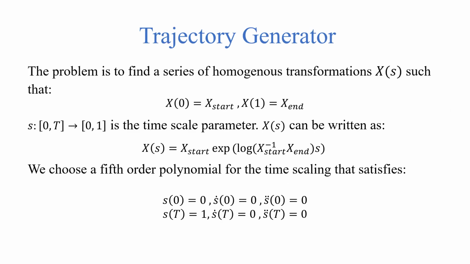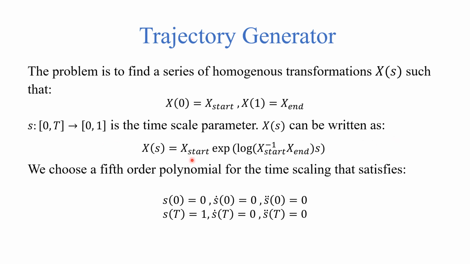First of all, we're going to describe the trajectory generator in detail. So the problem of trajectory generation is that we're trying to find a series of homogeneous transformations X(s), such that X(0) is equal to X start and X(1) is equal to X end. s is a function of real time that transforms the interval 0 to T, where T is the whole time of the motion, to 0, 1.